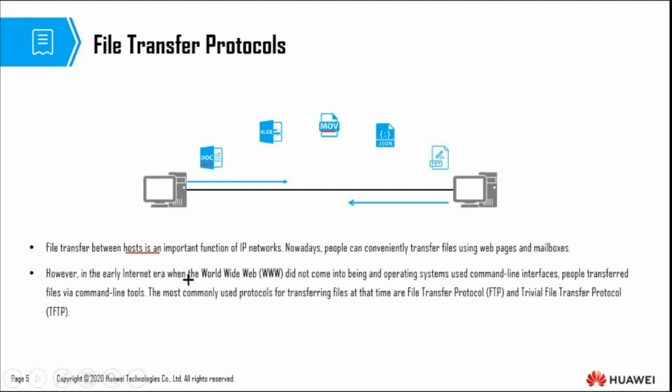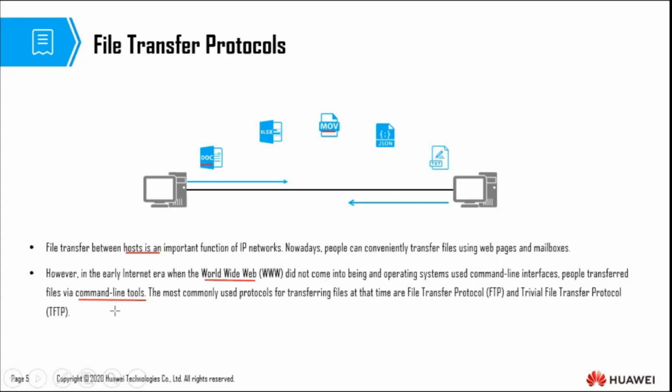However, in the early internet, the World Wide Web had not come into being, and operating systems used command line interfaces. So people transferred files via command line tools. Before we had a graphical user interface, we used command line tools for doing that.